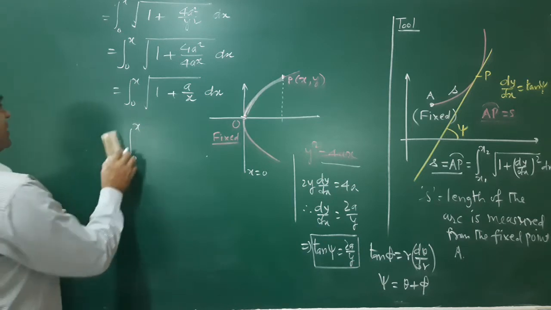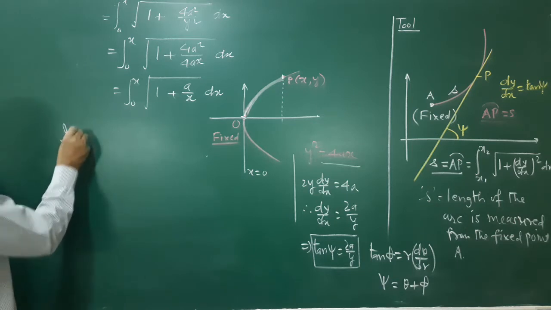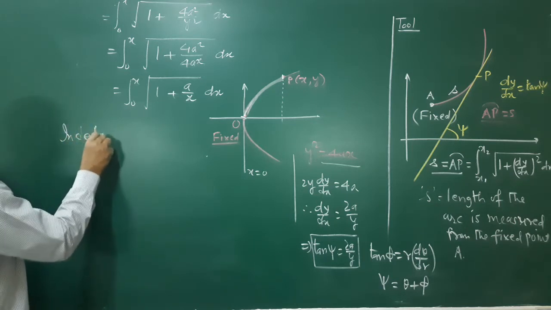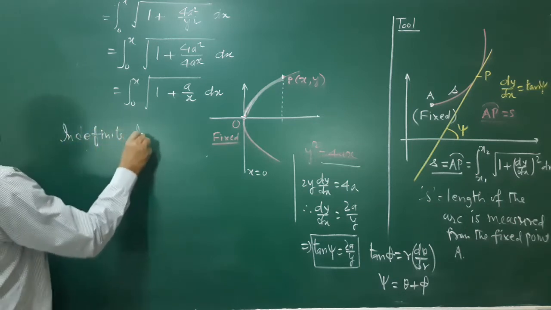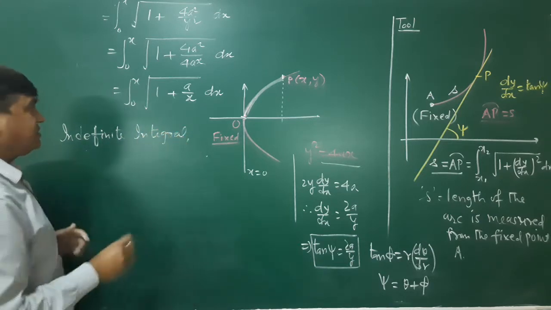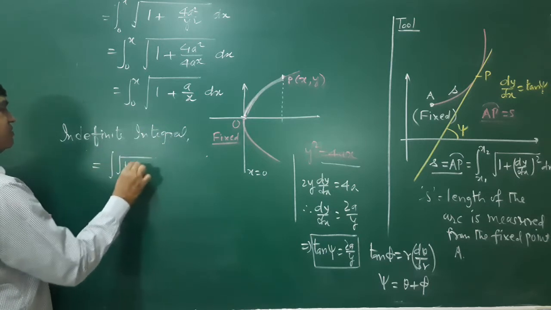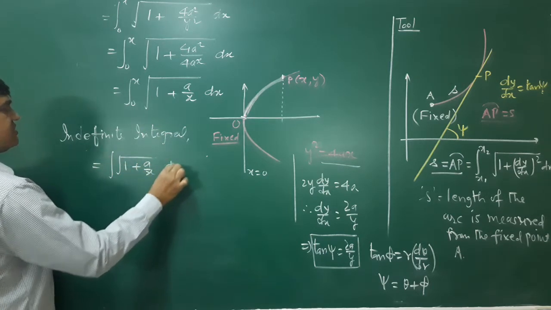Now we want to integrate it. So let me write the indefinite integral. Remember, it is a little bit time consuming. The indefinite integral of the square root of 1 plus a by x dx.